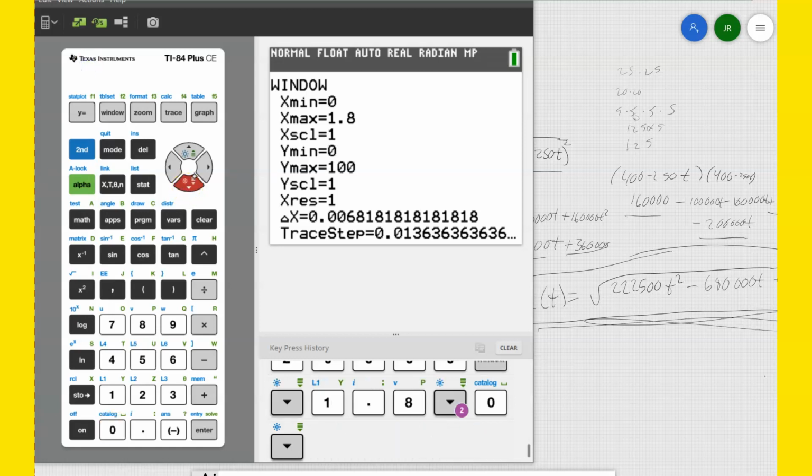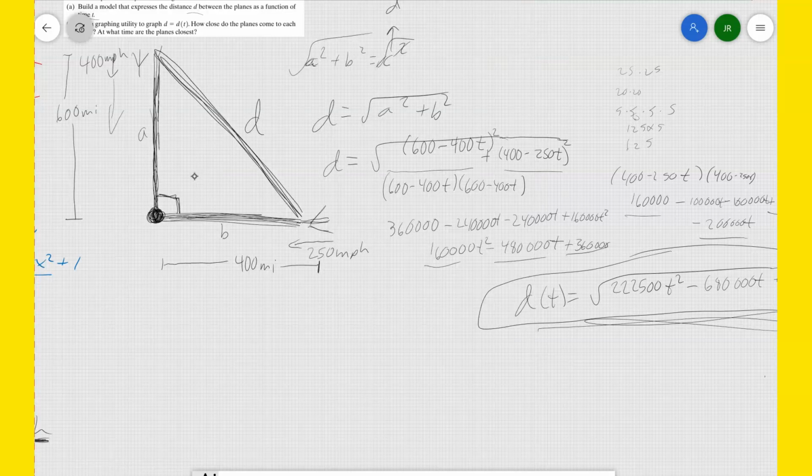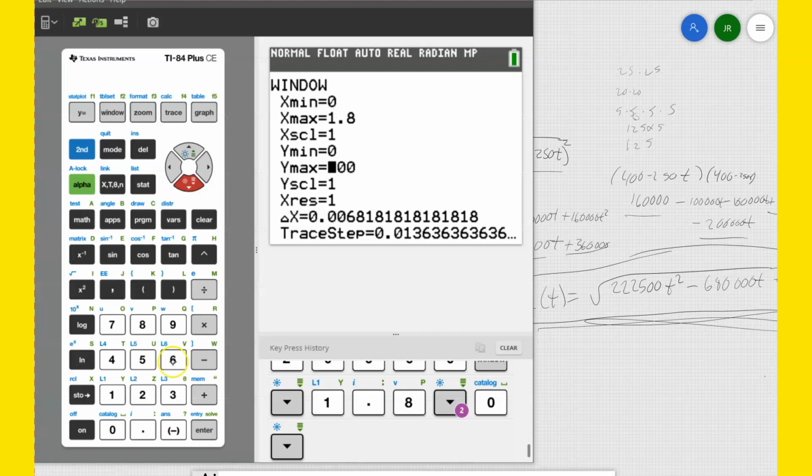That would be if they actually hit one another. The maximum distance, well, they're right here. They're going to be this 600, that's 400. I don't know exactly what this distance is. I could figure it out, but it's not much more than 600. It's going to be something like 650 or 700, and I know that they're going to be closer than that. So I'm going to put something like 650 right here and see what happens.